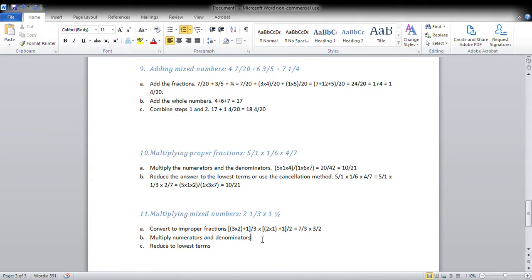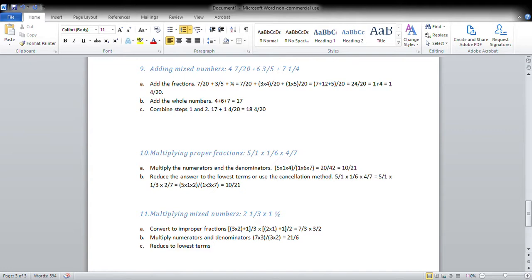So 7 over 3 times 3 over 2 equals 7 times 3 over 3 times 2, which is equal to 21 over 6.